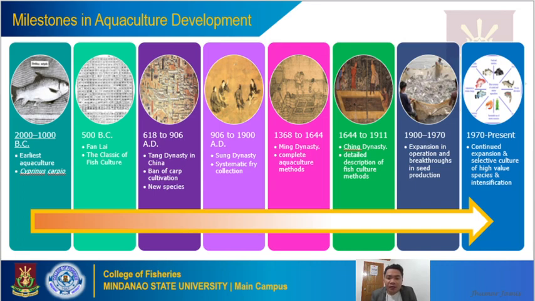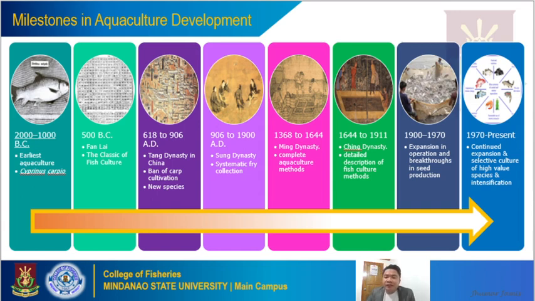And then in 1368 to 1644, it was in the Ming Dynasty wherein there were already complete aquaculture methods. There were already methods in cultivating fry, rearing eggs, and so on and so forth. And then in 1644 to 1911, it continued in the Qing Dynasty that there were detailed descriptions of fish culture and methods. So technically, this was just a continuation from the previous milestone.